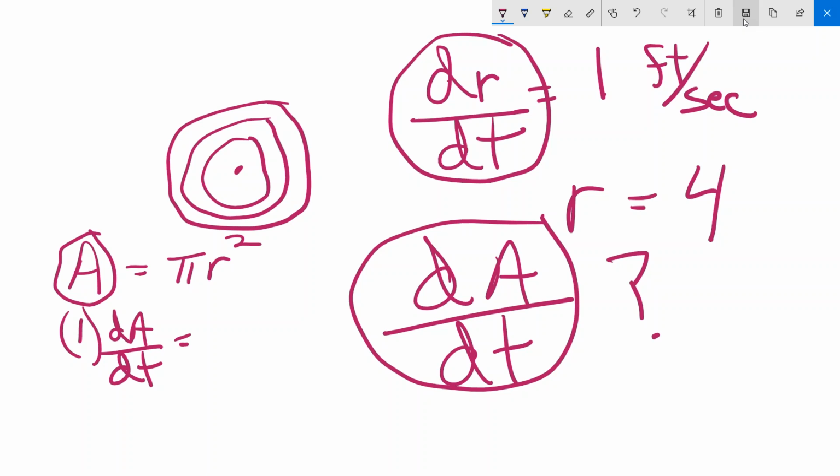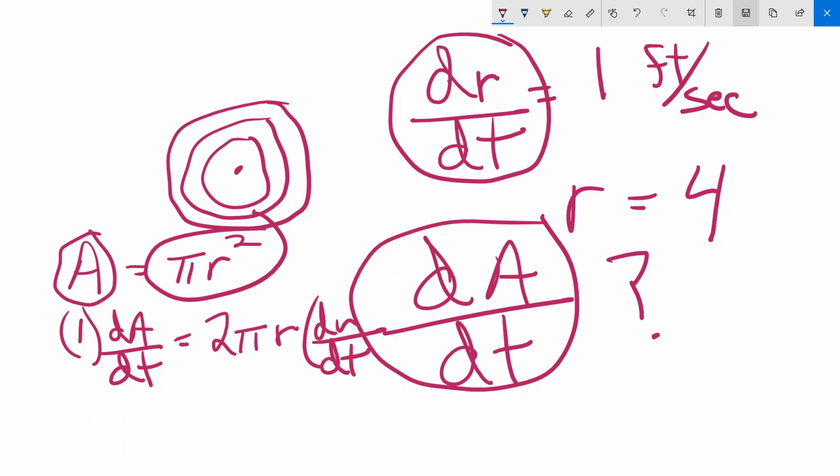Hold on, you have to differentiate the outside first, the r squared. So 2 pi r, that's the derivative of the outside, times dr/dt. Yeah, perfect.